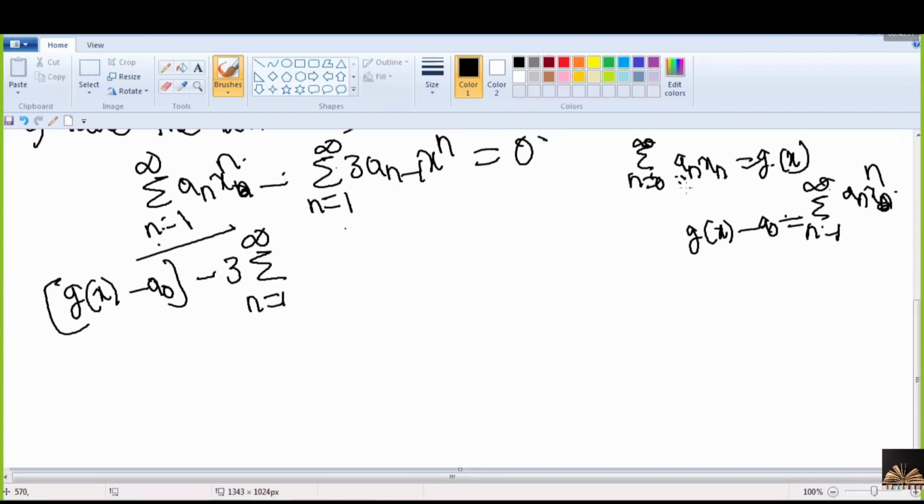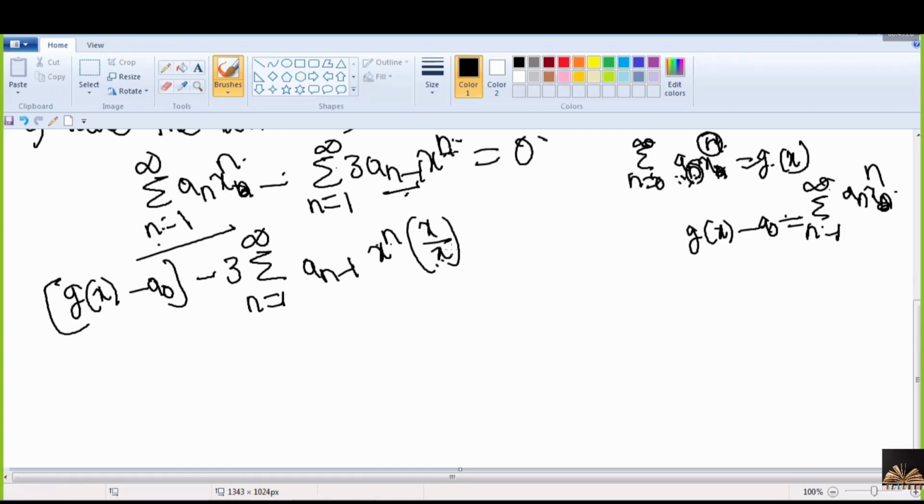Right? So in the generating function, the suffix and the power should be same, according to the definition of this generating function. But here the suffix is n minus 1, but the power is n. So you need to make this power as n minus 1. To do that, what I can do is I can multiply and divide with x.